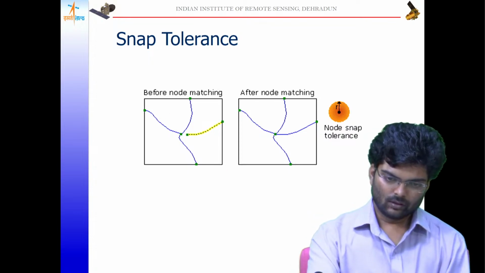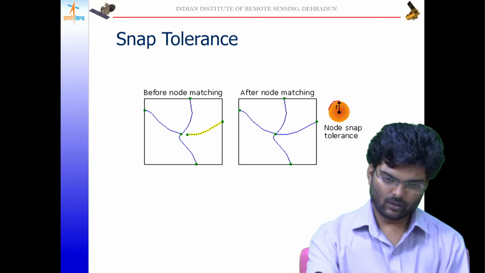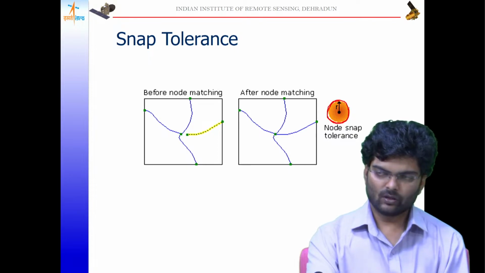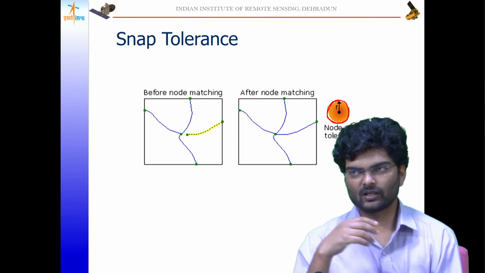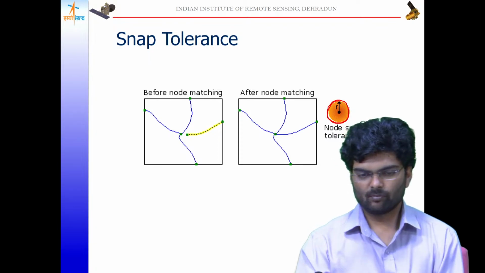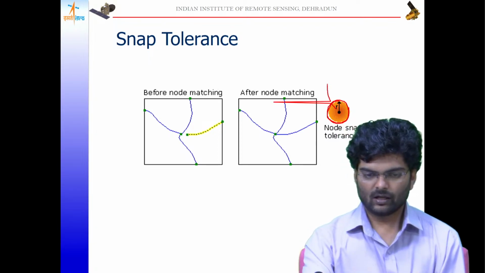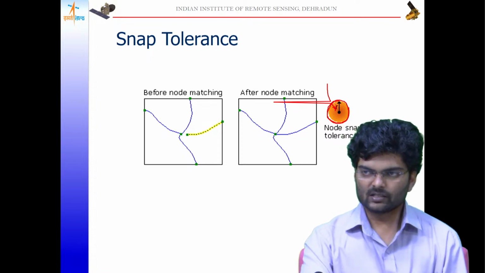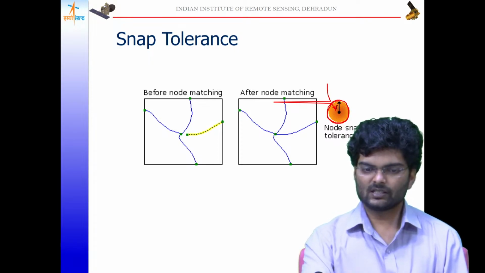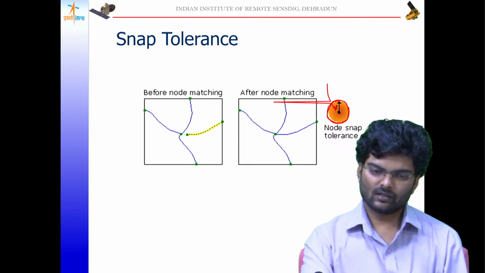A tolerance is basically a radius, which means it needs to be defined before you start digitization. For example, here I decide r is the radius of tolerance, which means r is the minimum distance. If the distance gets smaller than this r, the feature will be connected to the center.